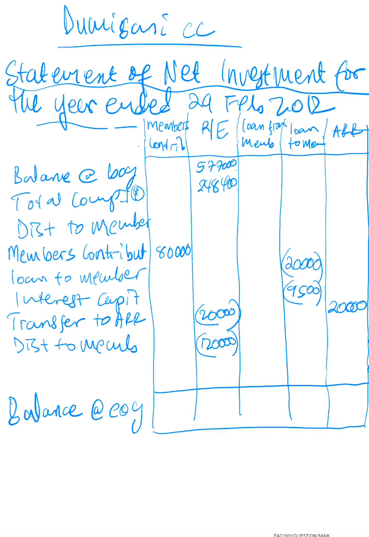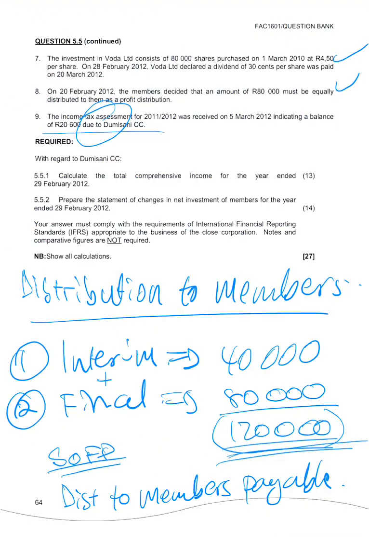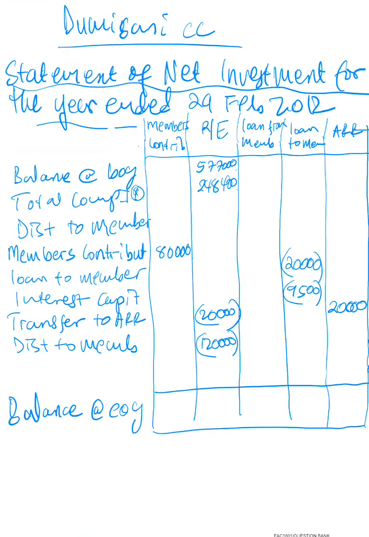Let's go back to the trial balance and check now any items. So we are going to start by closing off the members' contribution. The reason why I did not put the amount at the beginning is because the balances were given at the end.